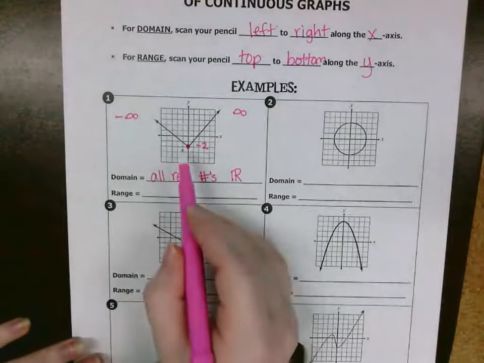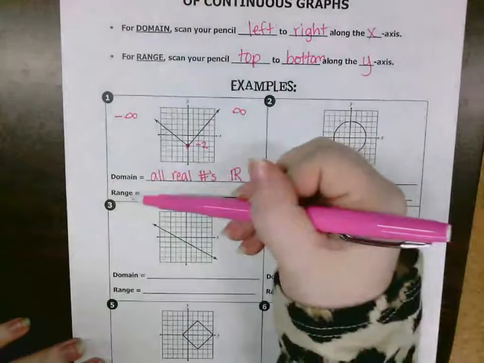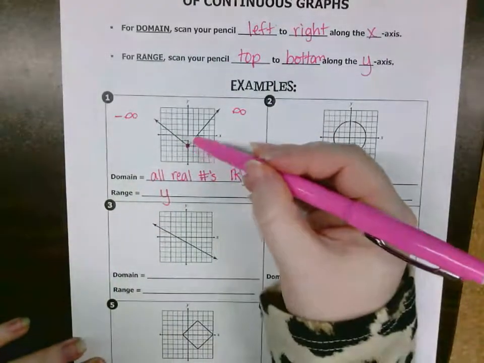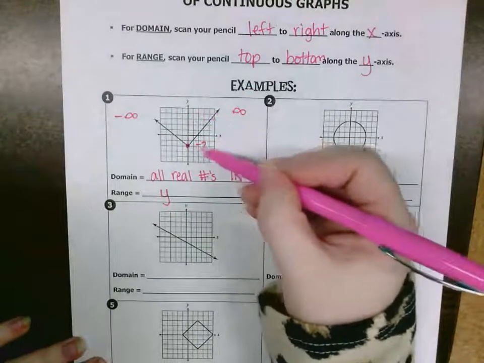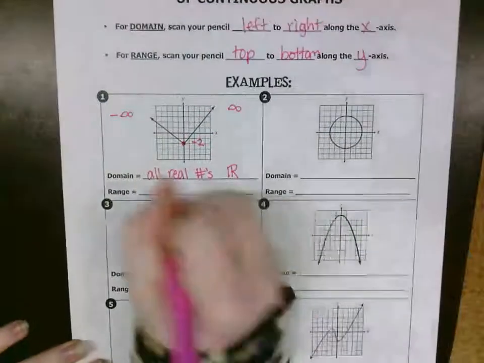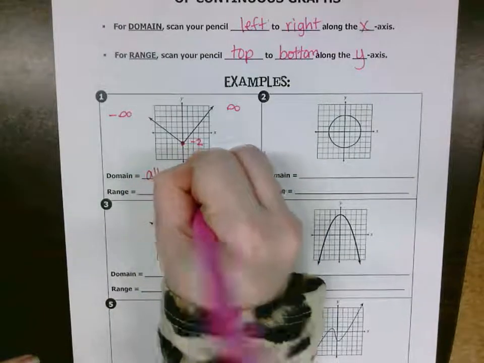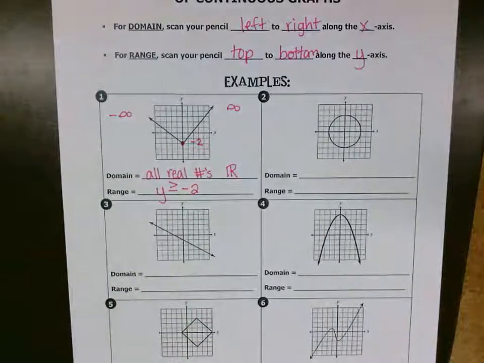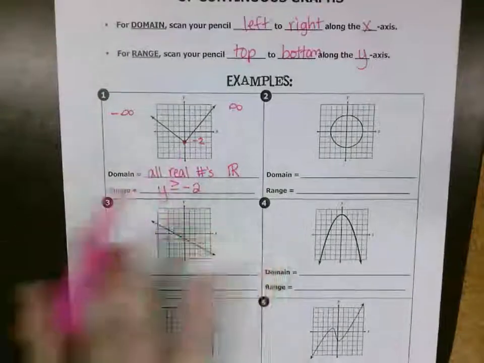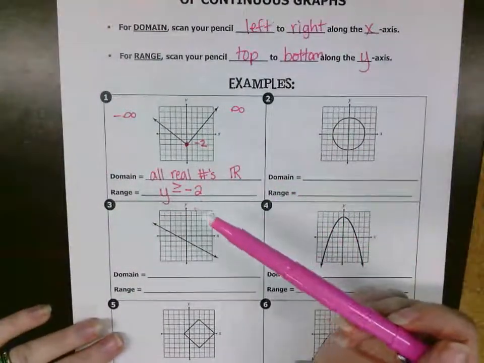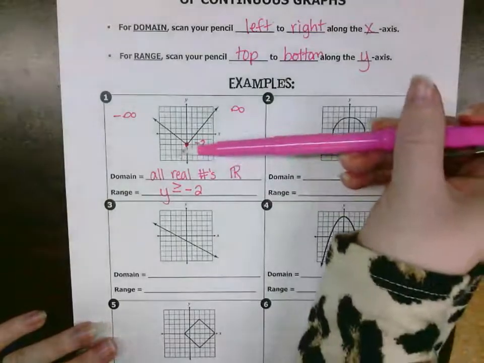If I want to represent that our range, which is y, can be anything greater than or equal to negative 2, you would have to include your greater than or equal to symbol, then negative 2. So that's telling me that my domain is all real numbers because the arrows go on forever. However, the range stops at negative 2.